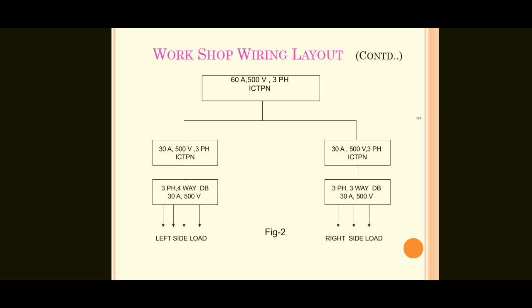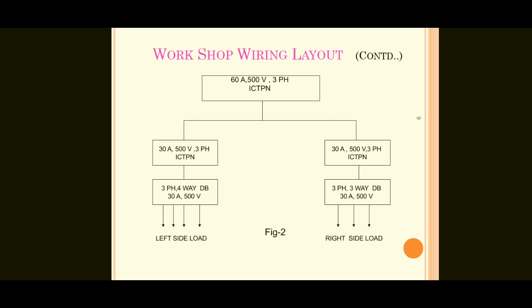Next, continuation. 60 amps, 500 volt, 3 phase, ICTPN. 30 amps, 500 volt, 3 phase, ICTPN. 3 phase, 4-way distribution box, 30 amps, 500 volt, for the left side load.